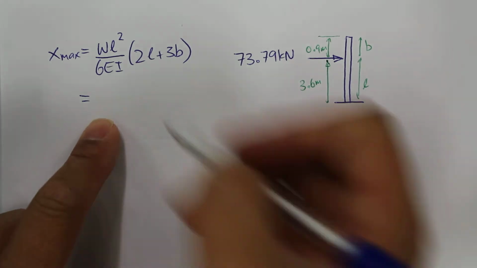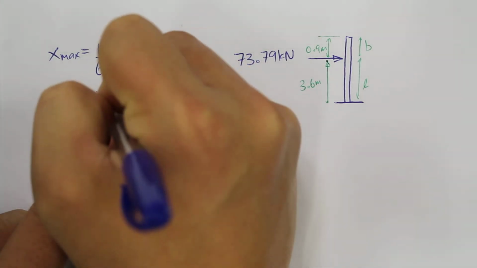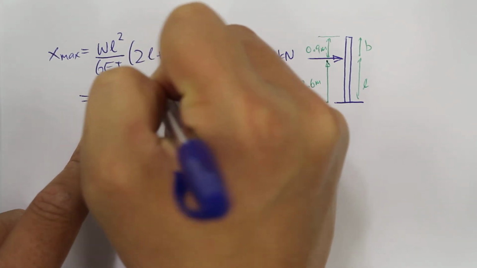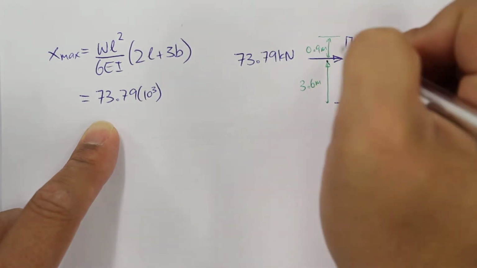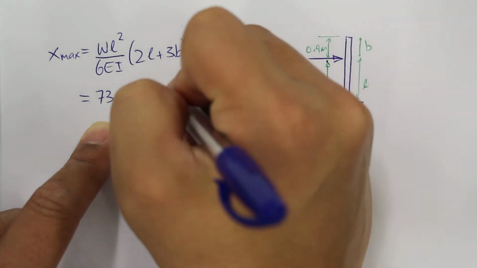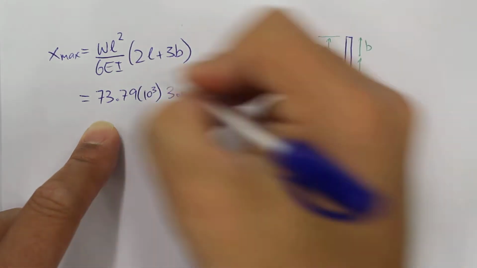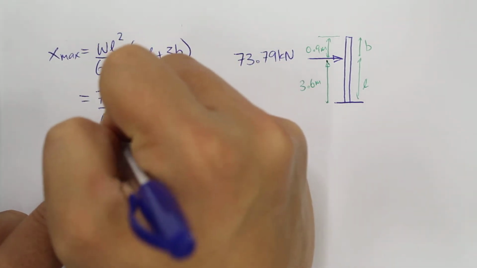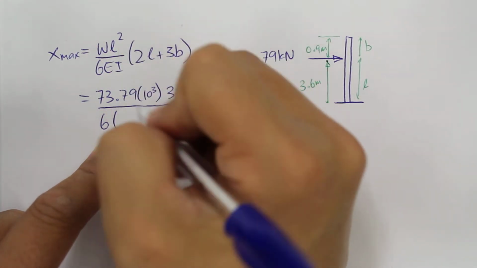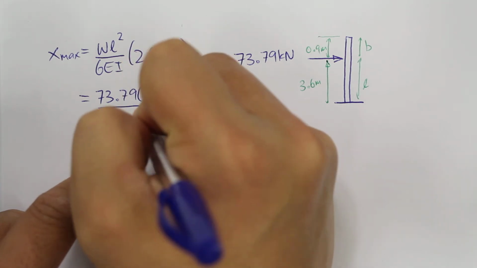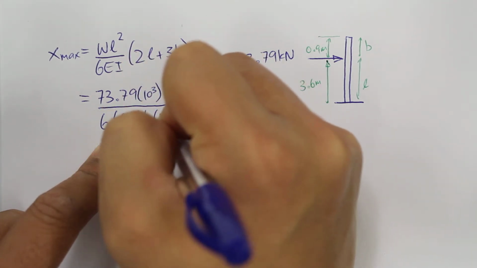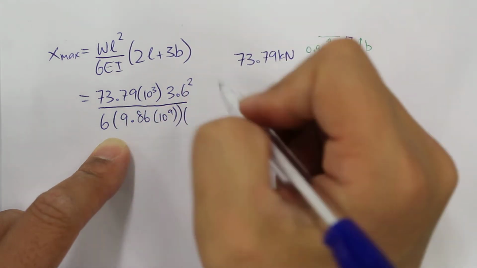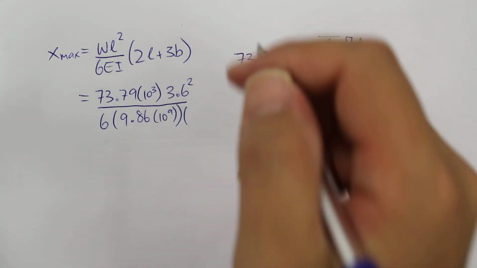Alright, so W is 3.79 times 10 to the 3 times our length L, 3.6 squared, divided by 6 times E, which was given as 9.86 times 10 to the 9, times I for that section.